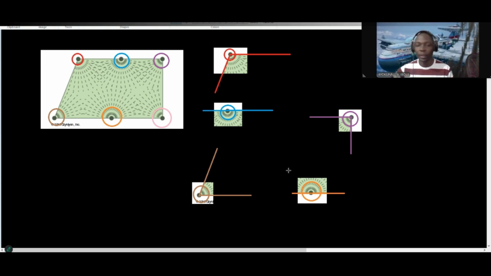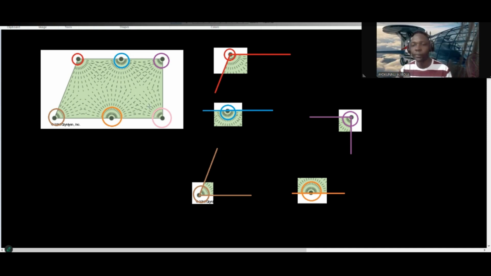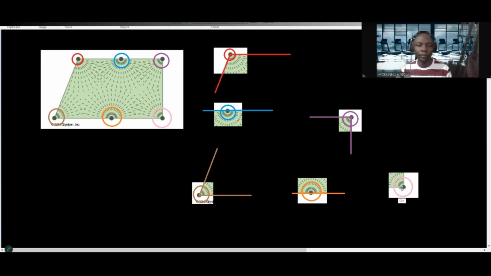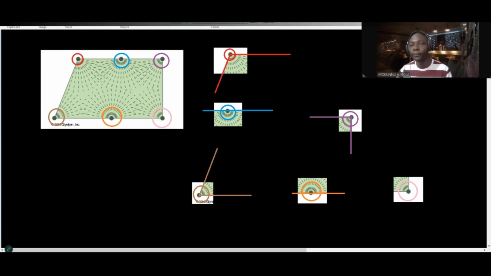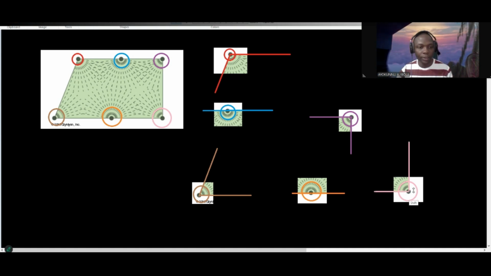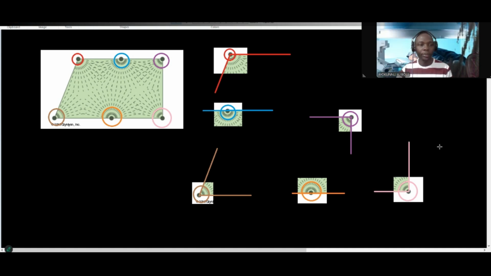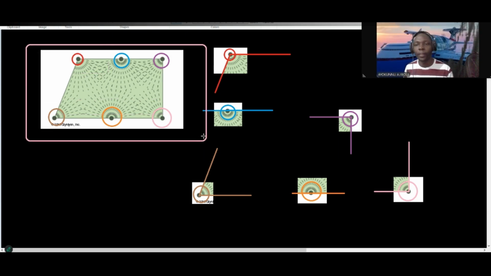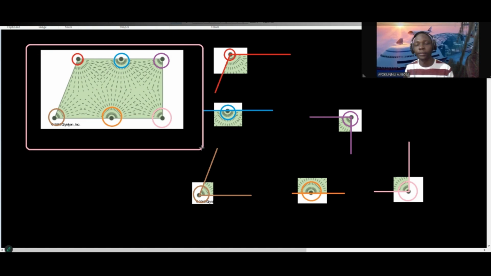So the last one is here, with an angle formed by the two lines, the first line and the second line. Is that clear? Okay. So look at the shape. How many angles are in this shape? Count all the angles.